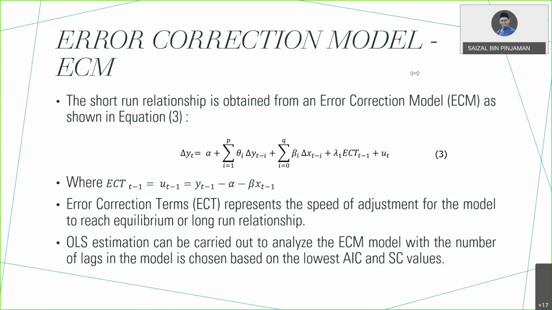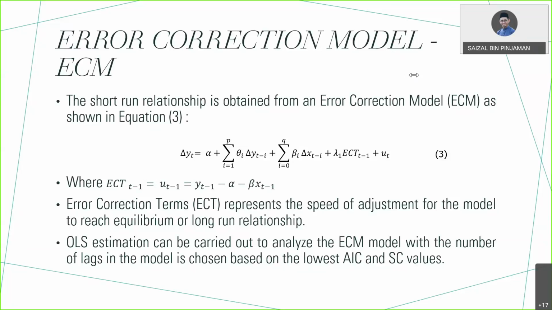Yes. If we have that situation, we can use the ARDL model, because just like I said before, there are situations where our variables have different stationarity levels, where some are stationary at level and some are stationary at the first difference.